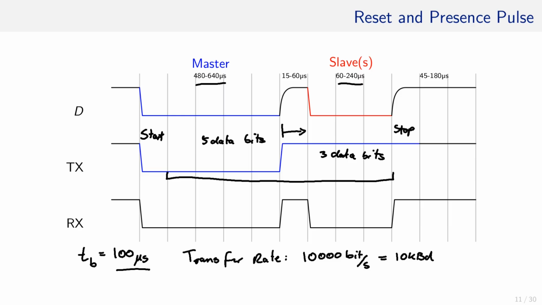That means we have to switch between two transfer rates depending on where we are in the one-wire protocol. A shift in transfer rate essentially means that the appropriate configuration register, that is UBRR, needs to be modified. That is not really a problem and can be done within one CPU clock cycle.